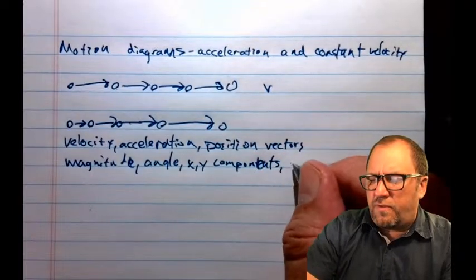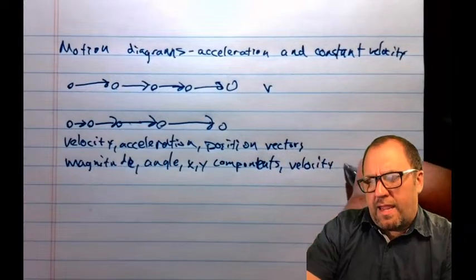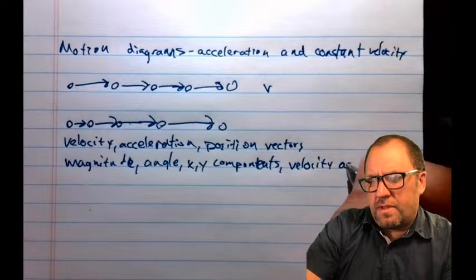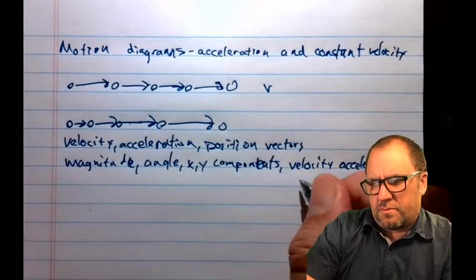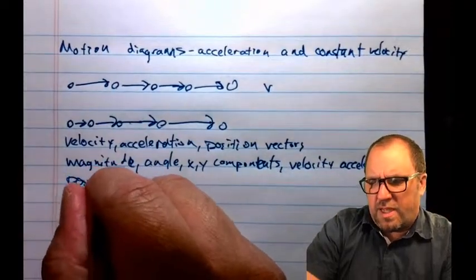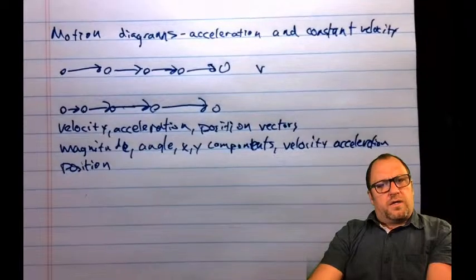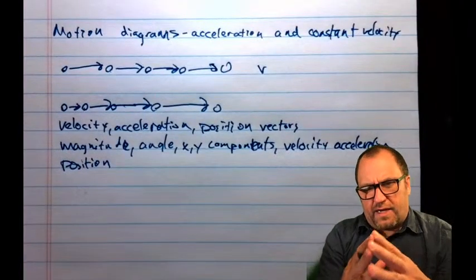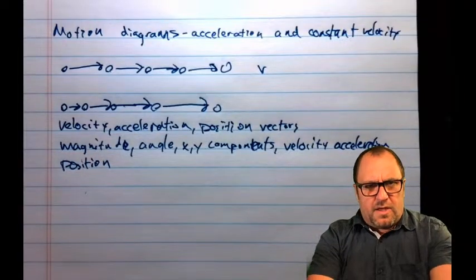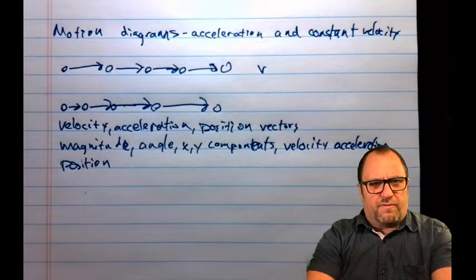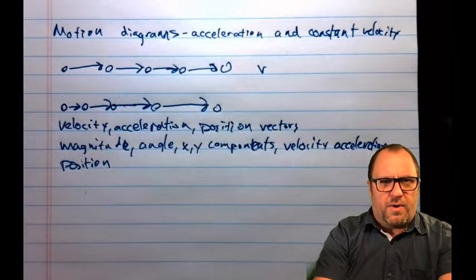And you should be able to do this for velocity and acceleration and position. All right, position. Okay, so you should be able to, in Cartesian coordinates, completely dissect a vector, find its magnitude, its angle, and its x and y components.